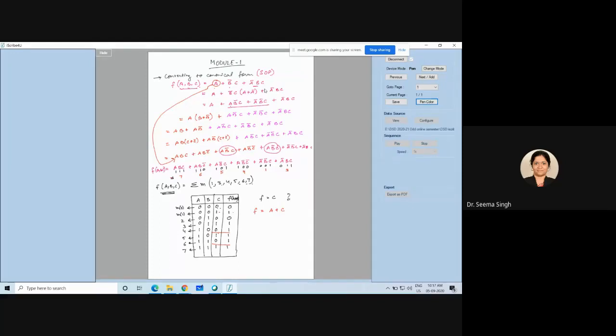But when I brought this A term into the picture, it is an OR operation now. So in the case of 4 and 6, when C was 0, A was 1. So F is equal to 1 plus 0, which is also a 1. So that is why I can say A plus C.